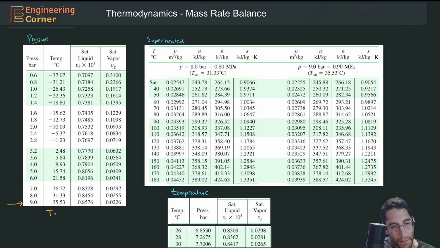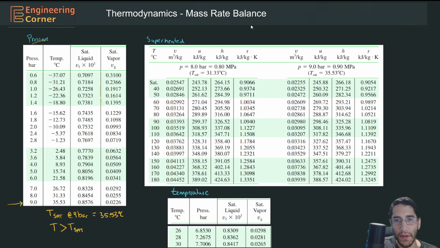My saturated temperature at 9 bar is equal to 35.53 degrees C. Now, 35.53 degrees C is going to be less than my operating temperature. So since T, which is 50, is greater than T sat, I know that I need to use the superheated table.